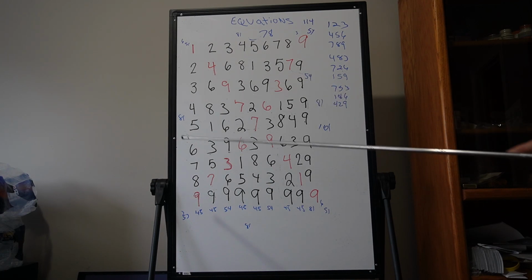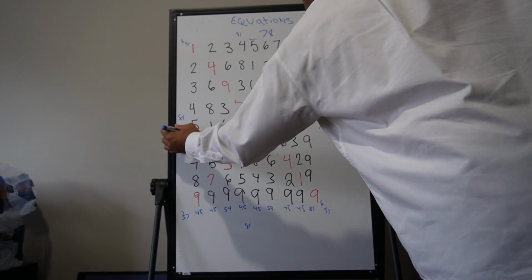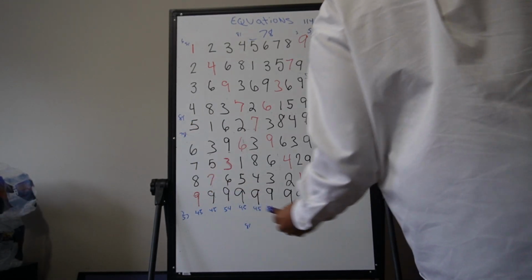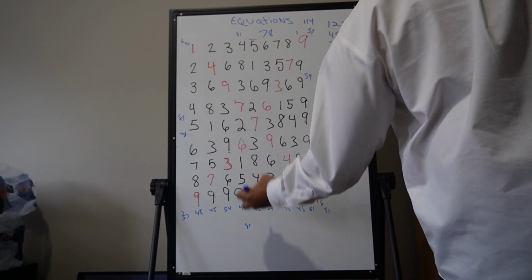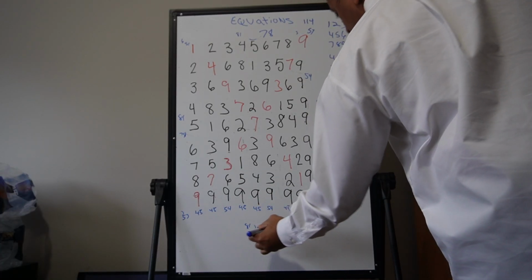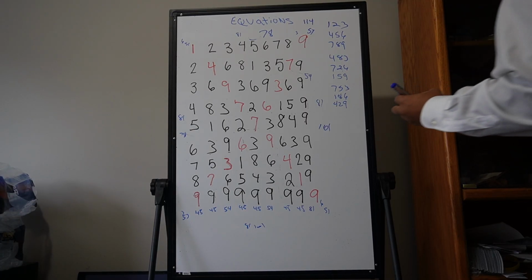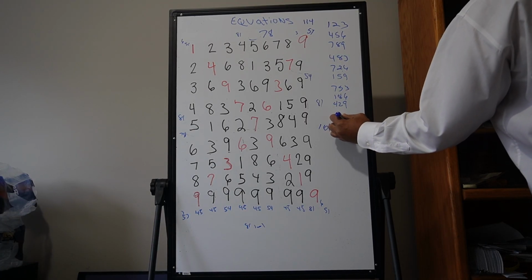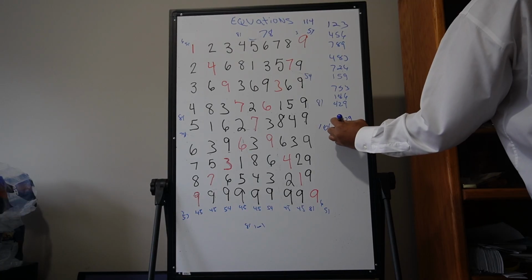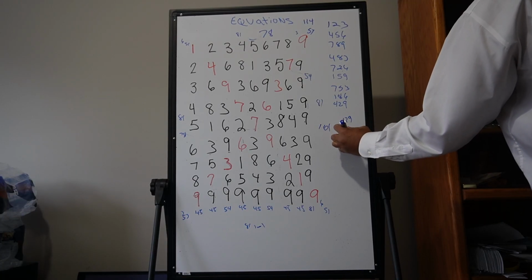So when you look at 78 here and 101 here, if you add the 78 and 101 together, you get 179. If you times that by 2, you get 358.